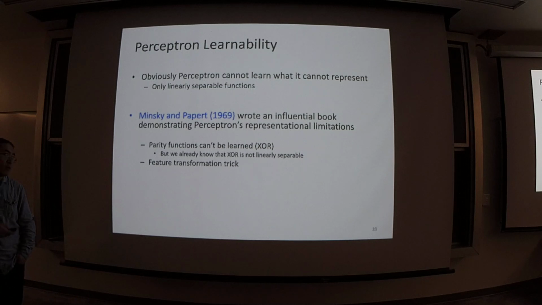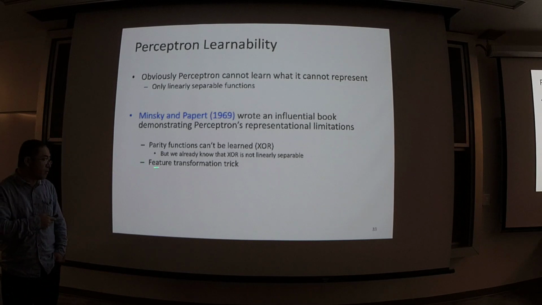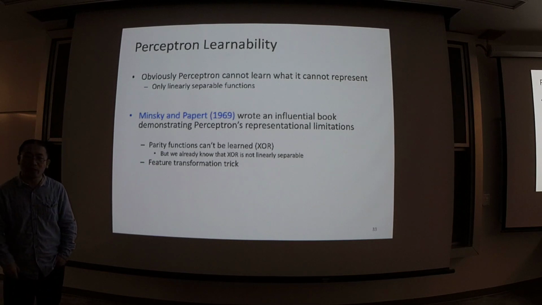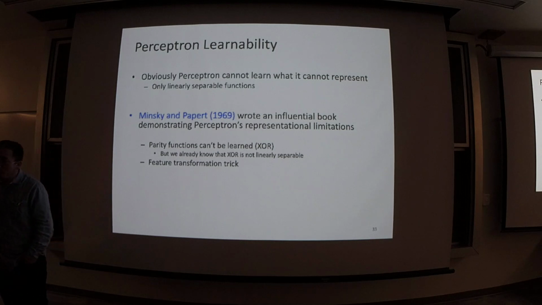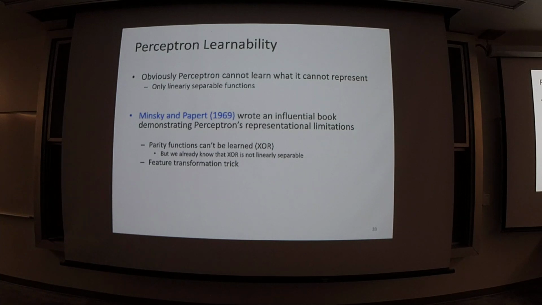Parity function cannot be learned by any linear classifier. But nowadays we know that by performing some nonlinear feature transformation trick, and then finding a classification boundary or hyperplane in a high-dimensional feature space, we can address this problem. Any questions so far? Everyone is comfortable?